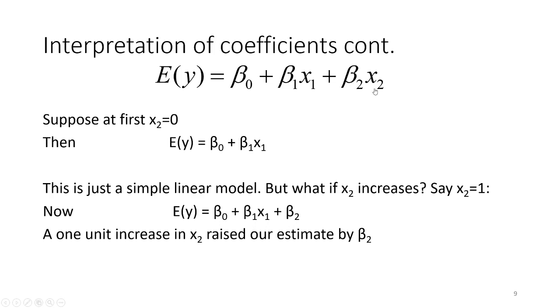Because now x2 is 1, beta 2 times 1 is beta 2. Our predicted value for y went up by beta 2. This confirms for us our understanding of what the interpretation of beta 2 is. It's the effect of a 1 unit increase in x2 on our prediction for y.